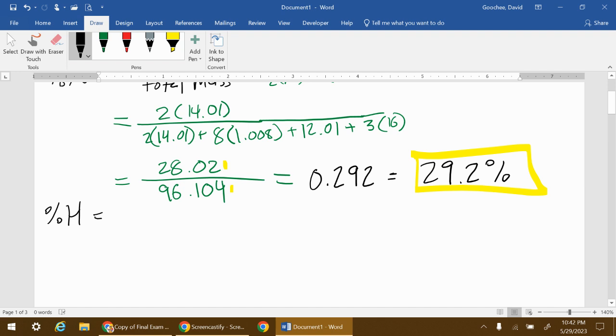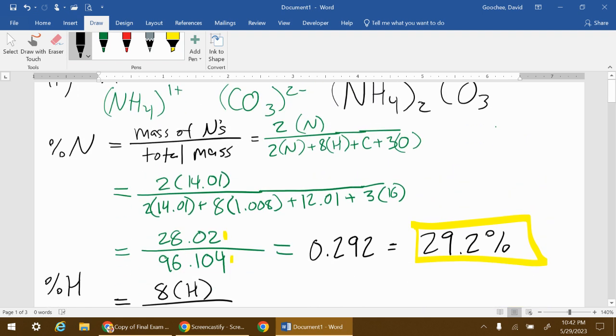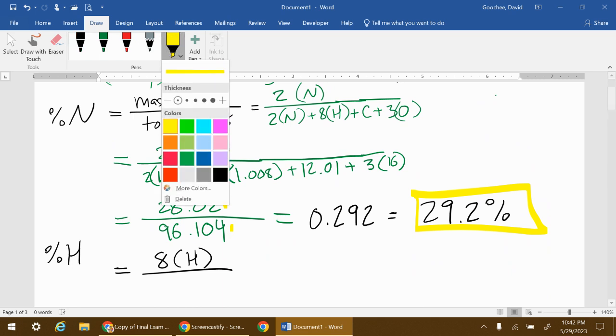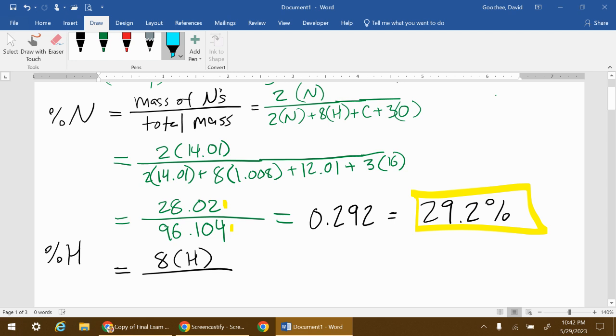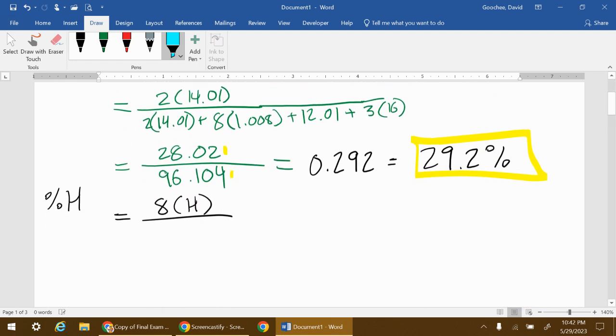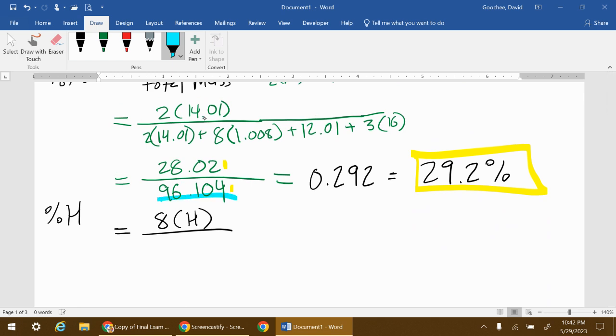Okay, so the percentage of hydrogen is going to be equal to the mass of the 8 hydrogens in this compound divided by the mass of the entire thing. Now, here's where you start to save some time. You don't need to add together 2 nitrogens and 8 hydrogens and a carbon and 3 oxygens again. You already did it once. So you can just use that same number for the rest of your calculation.